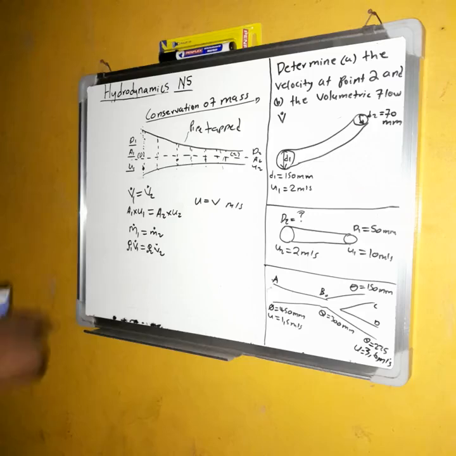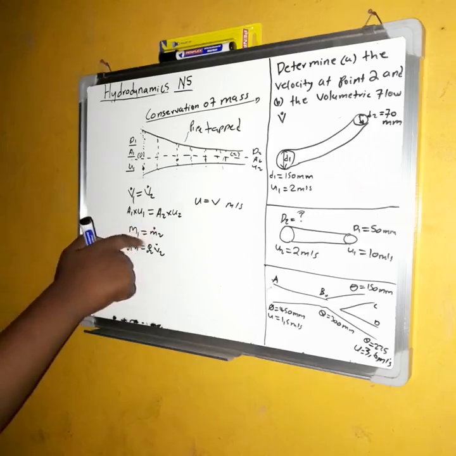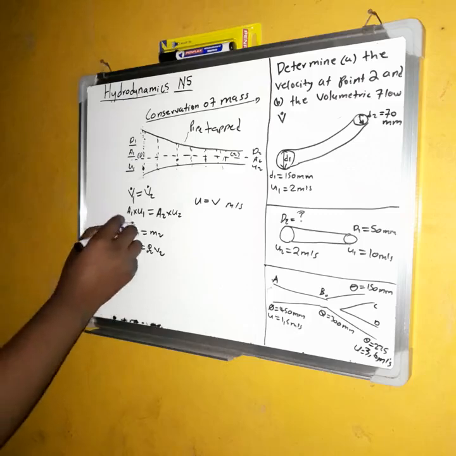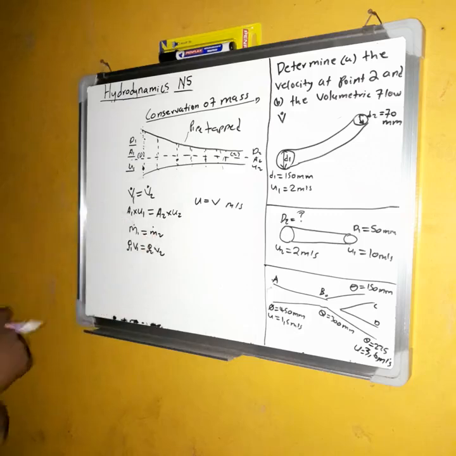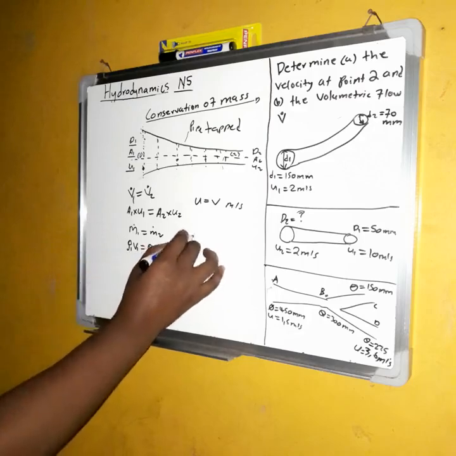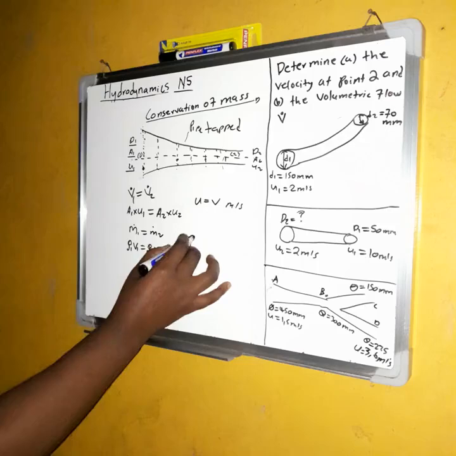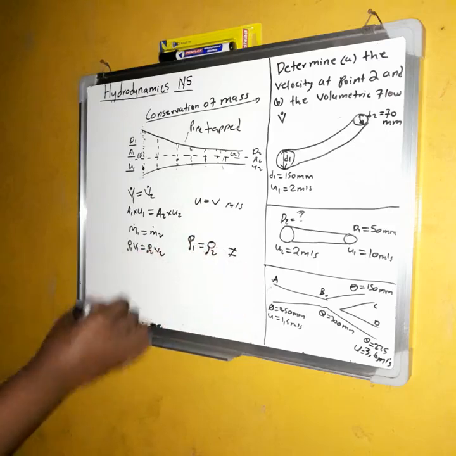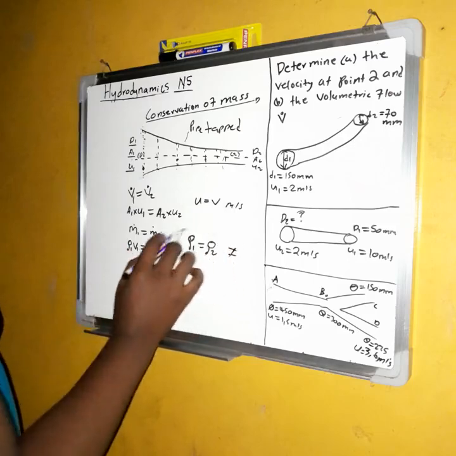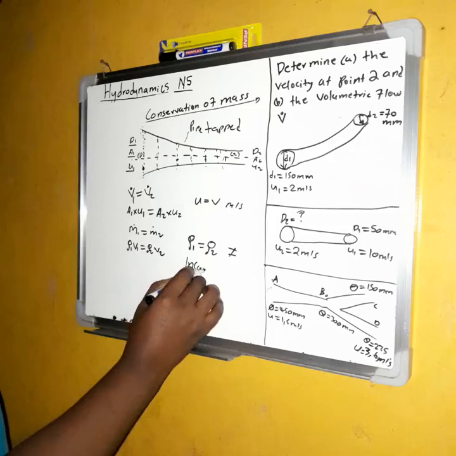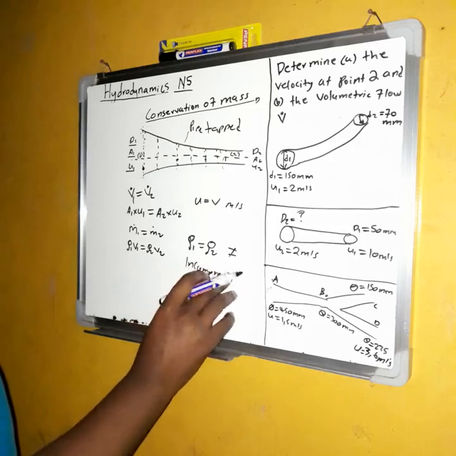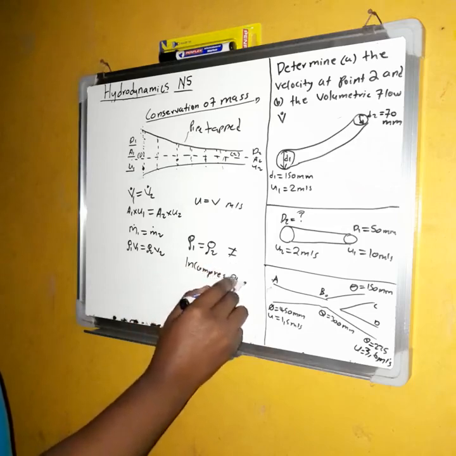Or we can just say the mass flow, if you want, it can be written like this, it doesn't matter. But density 1 and density 2 cannot be the same. This only applies to incompressible fluids.